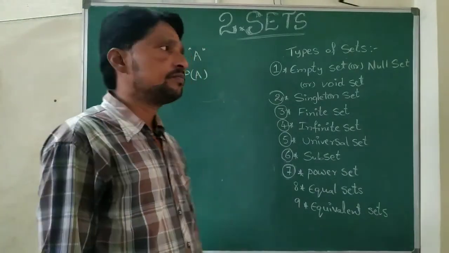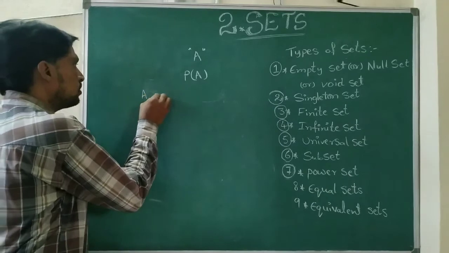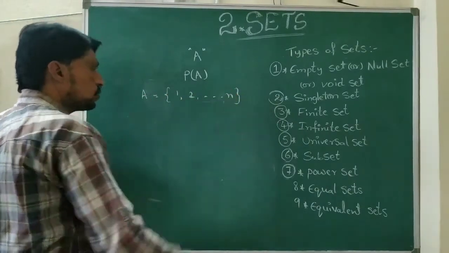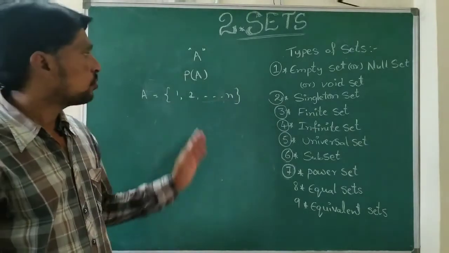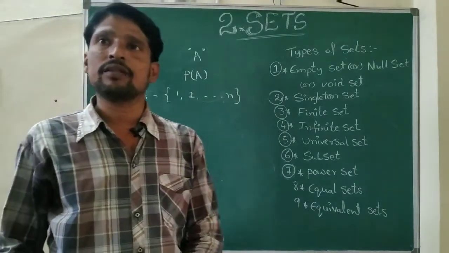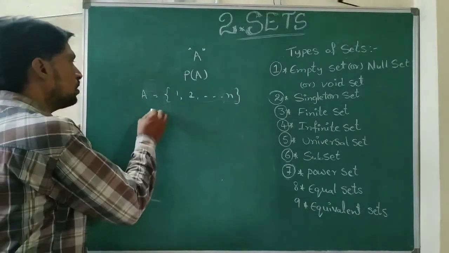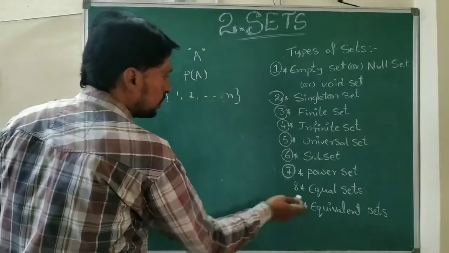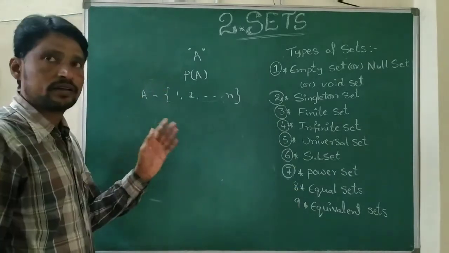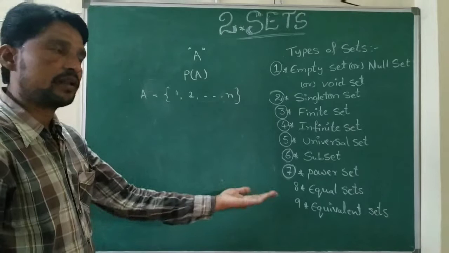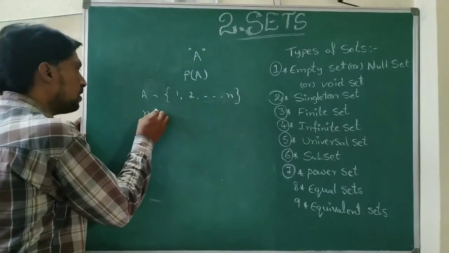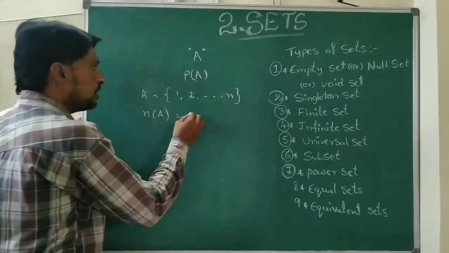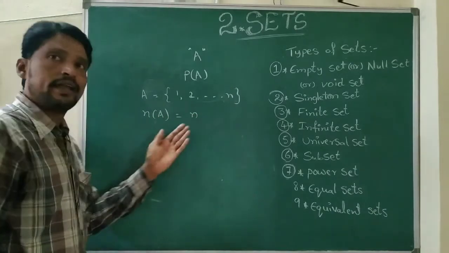For example, A equals 1, 2, 3, up to n elements, so the set has n elements.